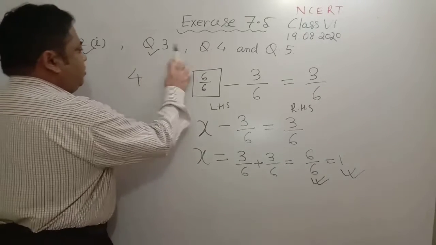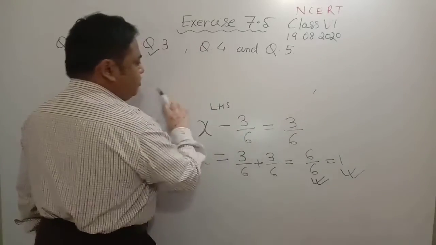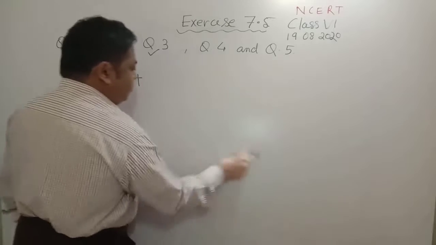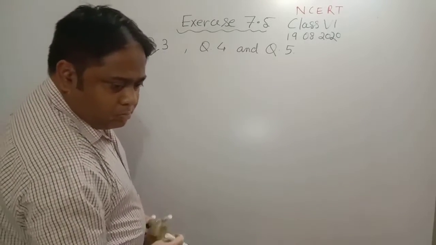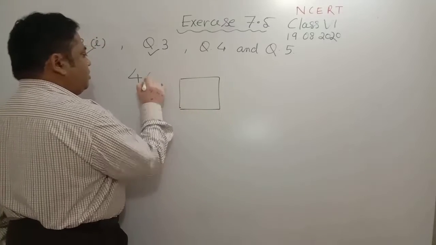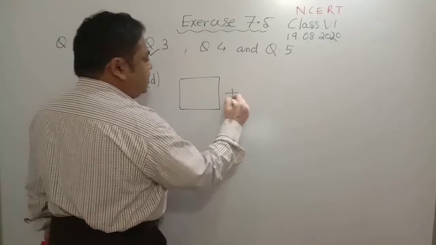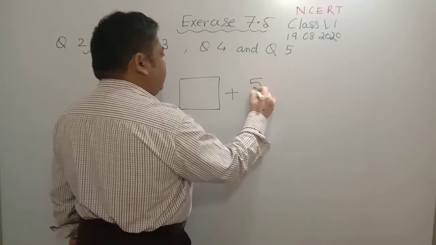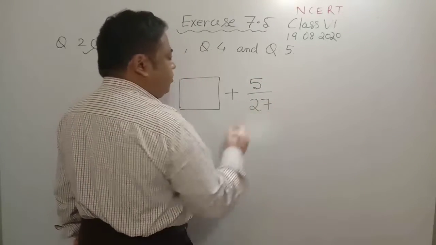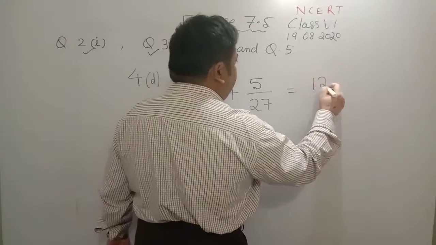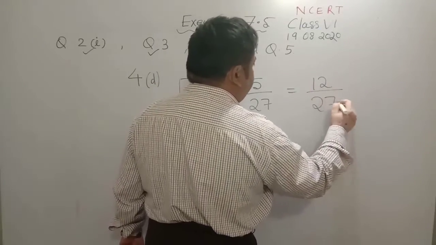Now we will do question number 4D. Unknown number in the box plus 5 by 27 is equal to 12 by 27.